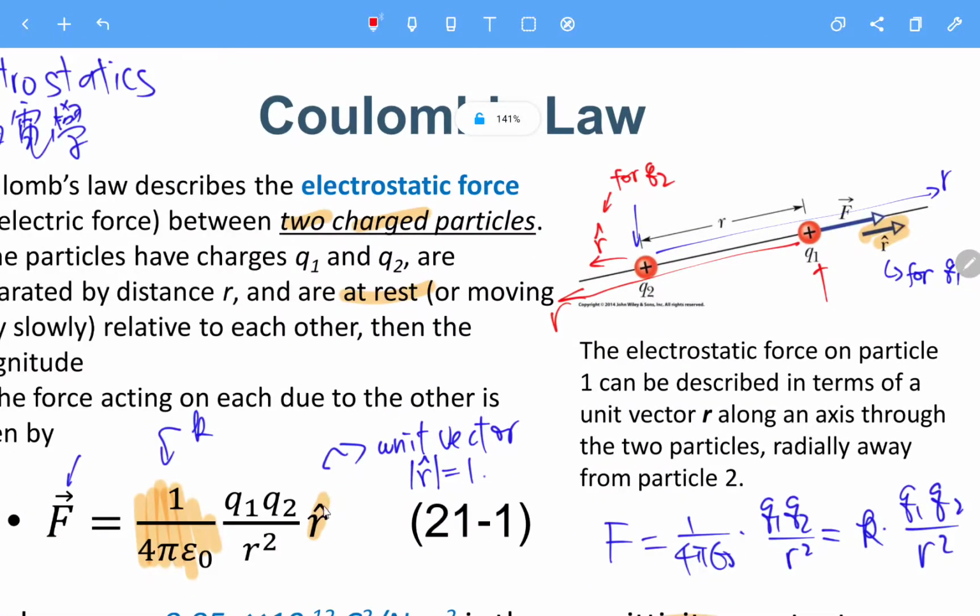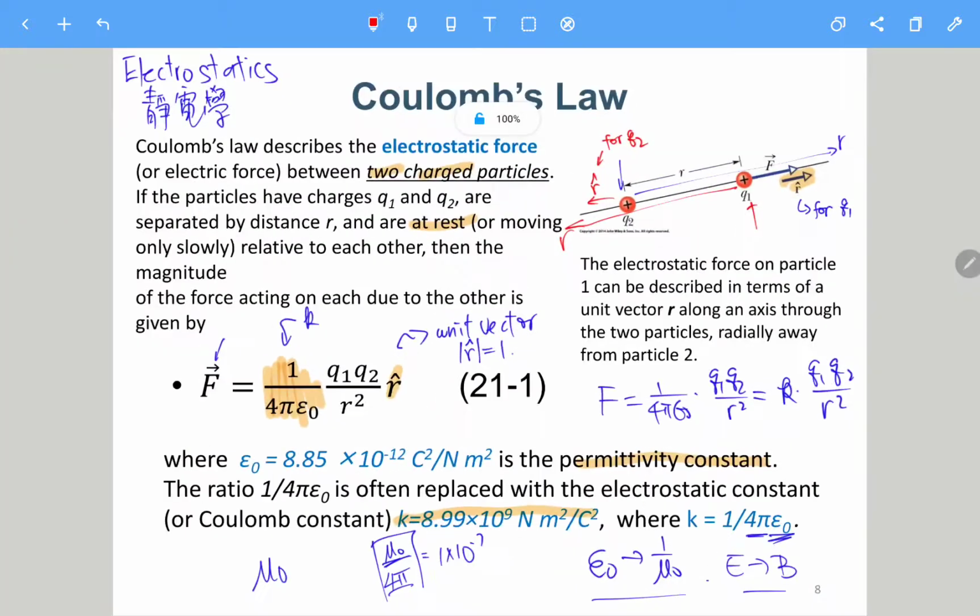So this is the punchline of this equation. You can just use this one to express the direction of the forces, and it also includes the polarity of the charge.